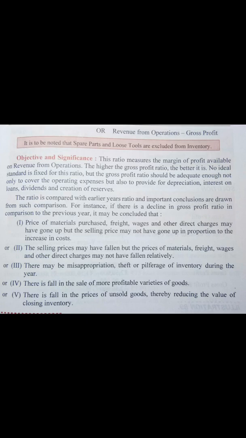And one more conclusion which we can make is there may be misappropriation, theft, pilferage of inventory, or there may be a fall in the sale of more profitable variety of goods, or there may be a fall in the price of unsold goods, which may reduce the value of closing inventory.